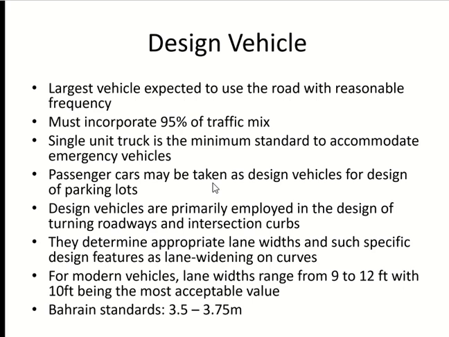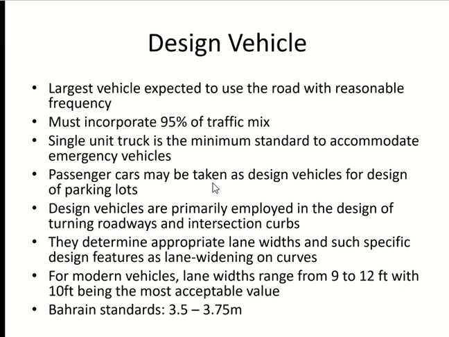Clear? But are all roads designed for the same heaviest vehicle? No. So we have to look at which heaviest vehicle. There is a heaviest vehicle, right? But all roads are not designed for this vehicle.